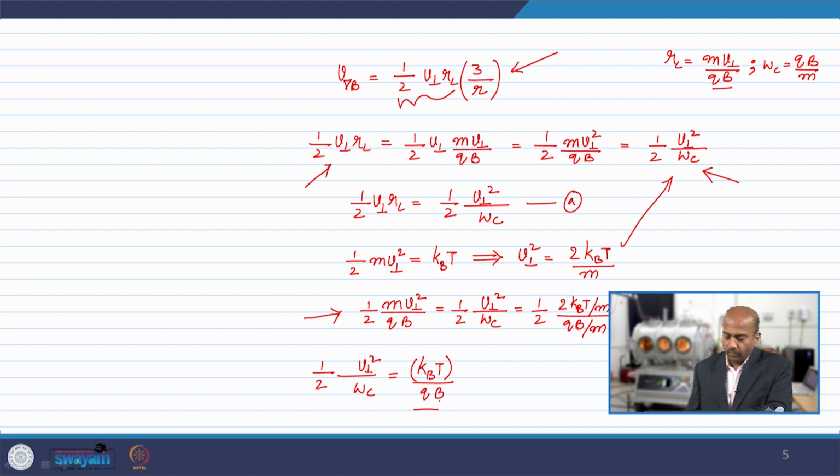Now, kBT is of course the energy, which is obviously in joules. We have not made any conversion. So kBT is right now in joules. Now, if I divide this energy by the charge of electron, which is 1.6 times 10 to the power of minus 19 coulombs, we can write kBT not in joules, rather the energy in electron volts, divided by B. This q will no longer exist in the denominator because it is dividing the energy and converting the energy units from joule to electron volts, right.